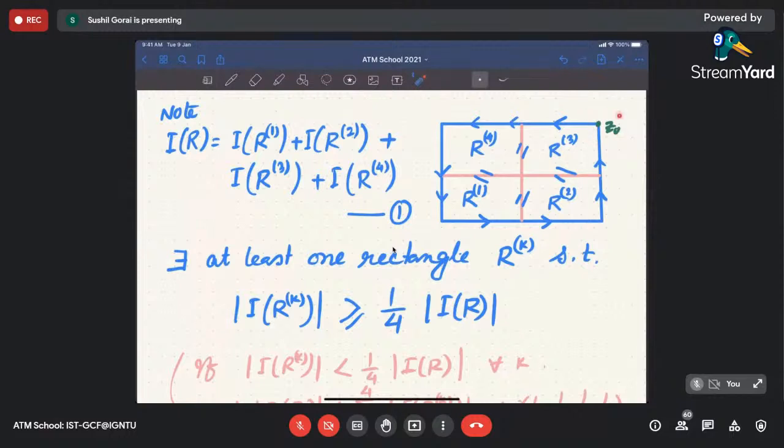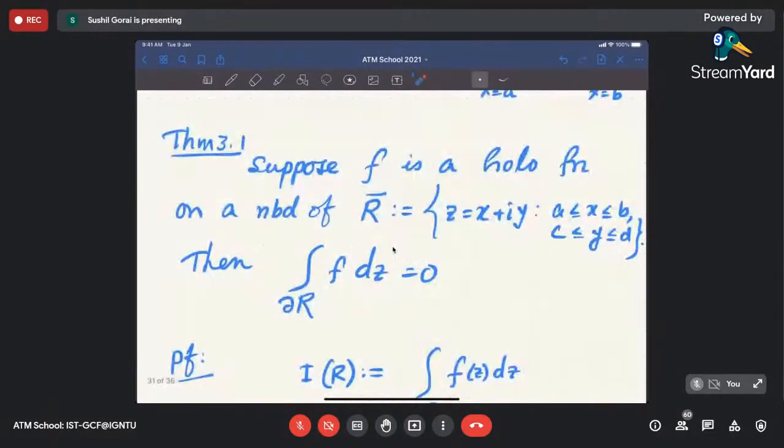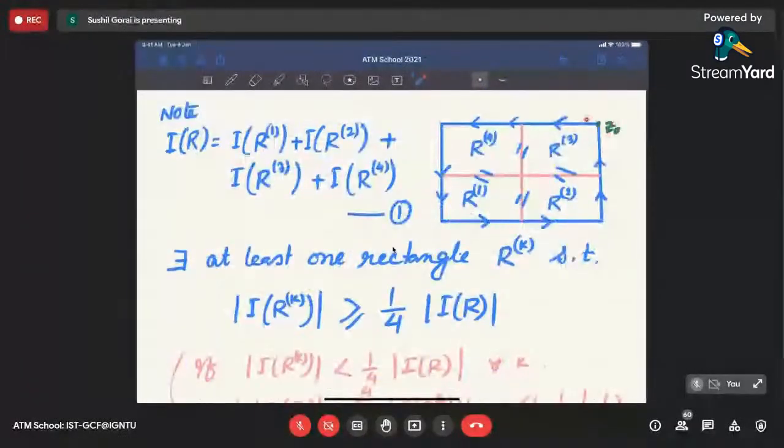That's why R closure is also the same as R, because our rectangle is closed and bounded. But what is the assumption? The assumption is a neighborhood of R closure. This neighborhood is very much important. For example, if this z0 lies in the boundary, you need a neighborhood here. Right, okay.